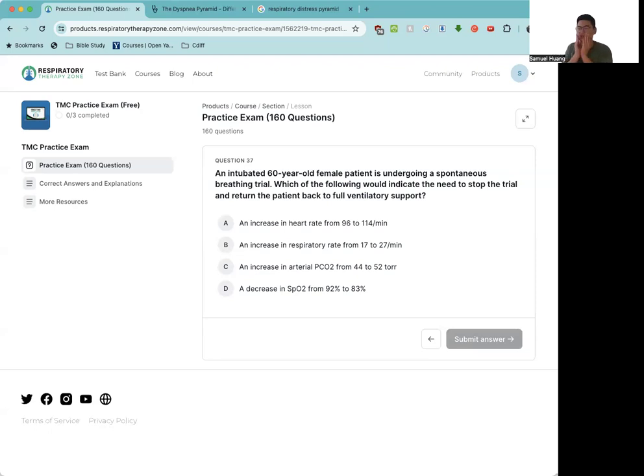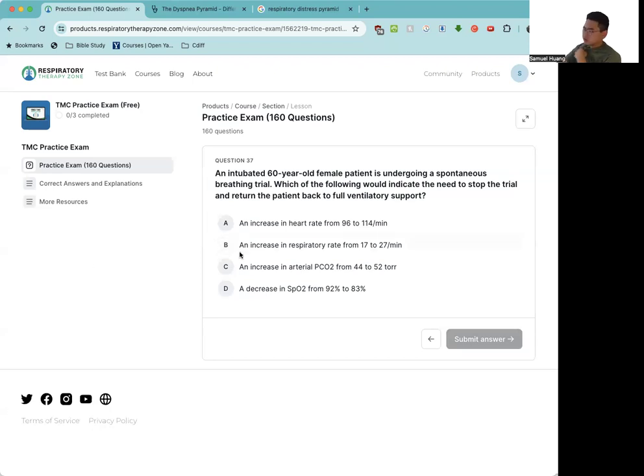If their heart rate shoots up to greater than 120s and sustains there. If they desat, for sure, if they drop like 10%, that's a fail. If they're hypoxic. If they're using respiratory accessory muscles, that's horrible. And if they start retaining too, that could be bad.